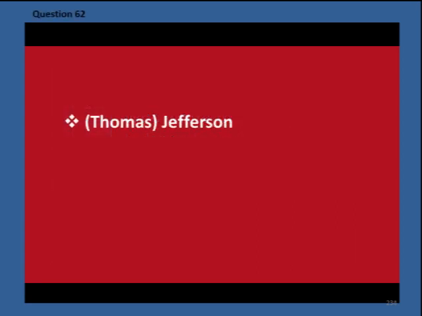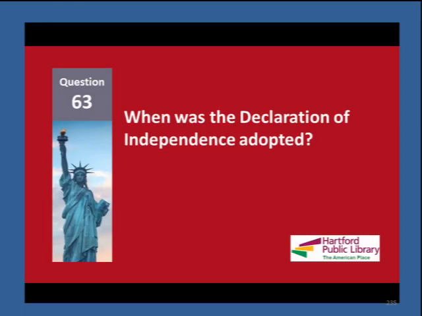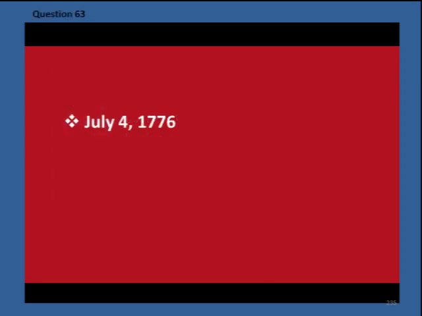Jefferson. Thomas Jefferson wrote the Declaration of Independence. Question 63. When was the Declaration of Independence adopted? July 4th, 1776. The Declaration of Independence was adopted on July 4th, 1776.